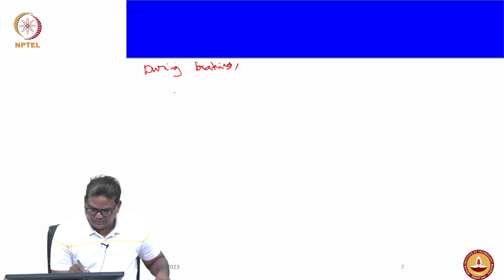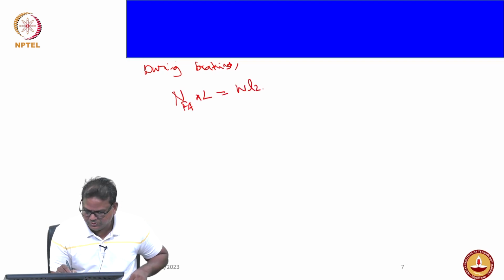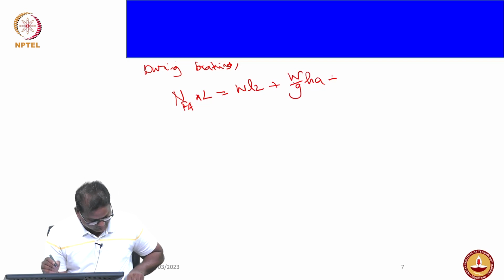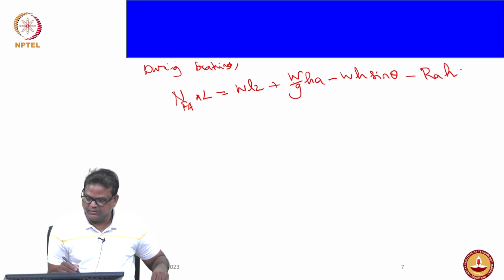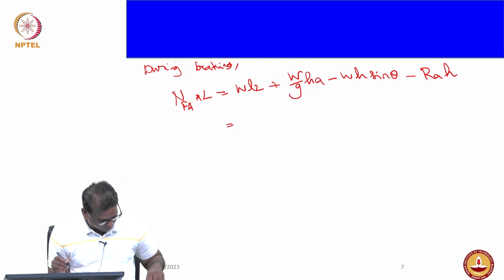So NFL, the front axle reaction, equal to W L2, plus W G H by A, minus W H sin theta, that is for your gradient. Then you have the area and distance RA also, that is clearly given. So I rewrite the equation now.